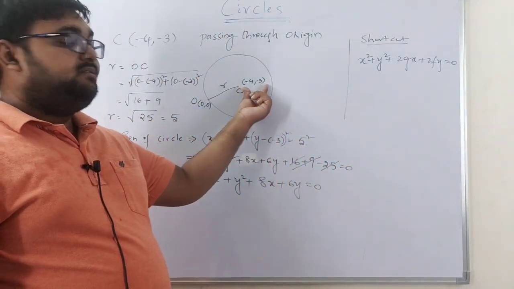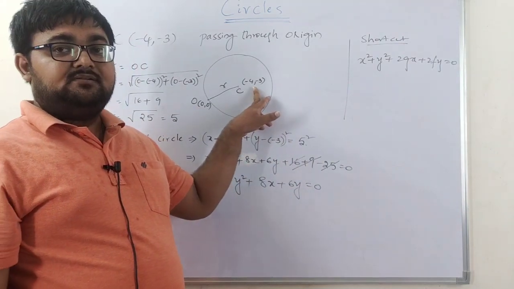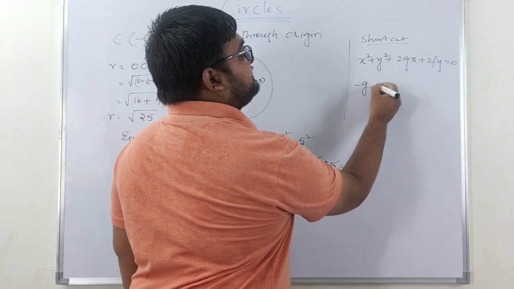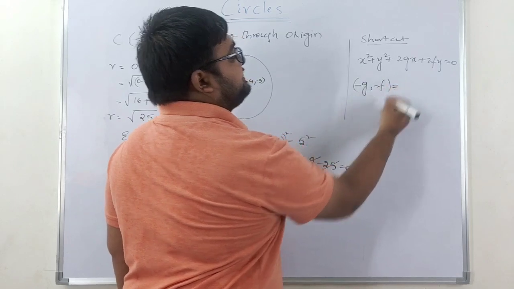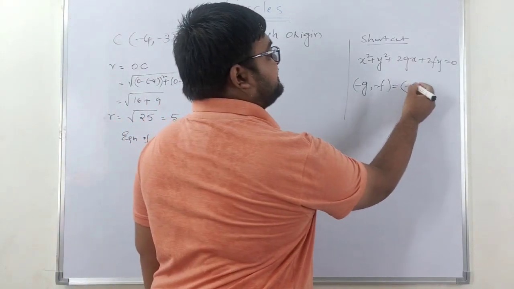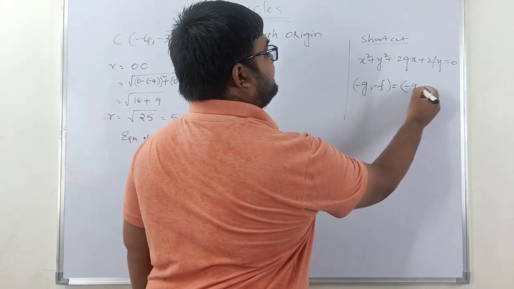What is given to me? I have been given the center, right? What is the center in general for this equation? It is represented by (−g, −f) only, no? So (−g, −f) is nothing but, sorry, (−4, −3).